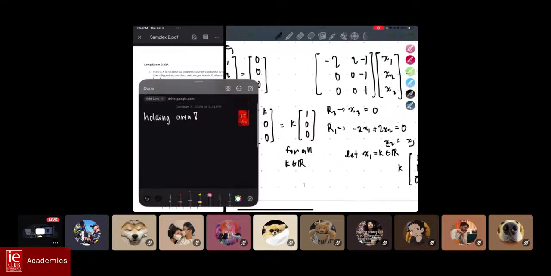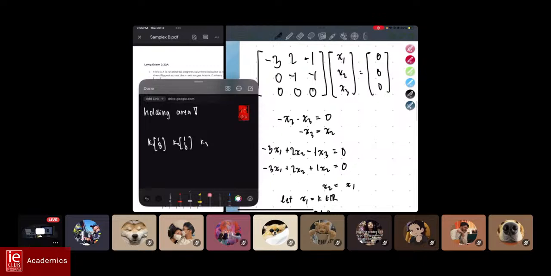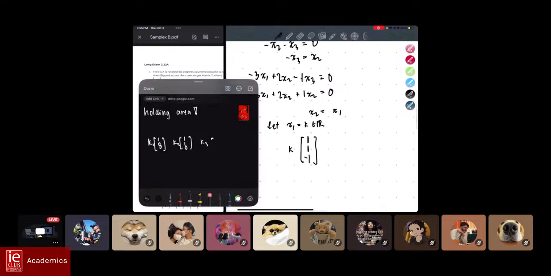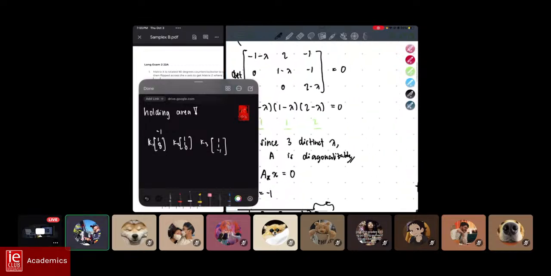So now we have the three values being k sub 1, k sub 2, k sub 3. And then, forgot to note the eigenvalues there. -1, 1, 2.